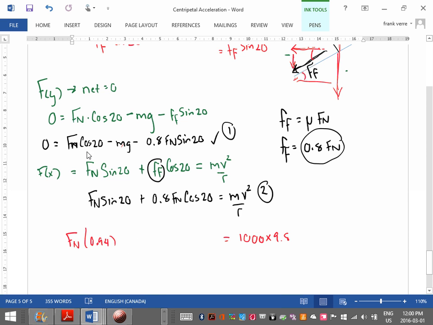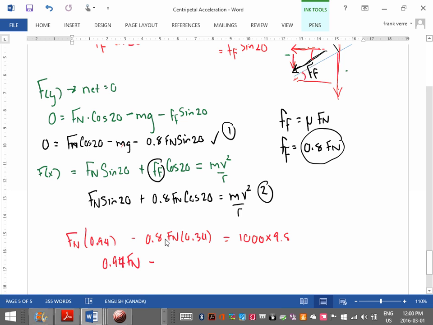So Fn cosine 20 is Fn times 0.94 minus 0.8 Fn. What's sine 20? 0.34. Okay. So this is 0.94 Fn.